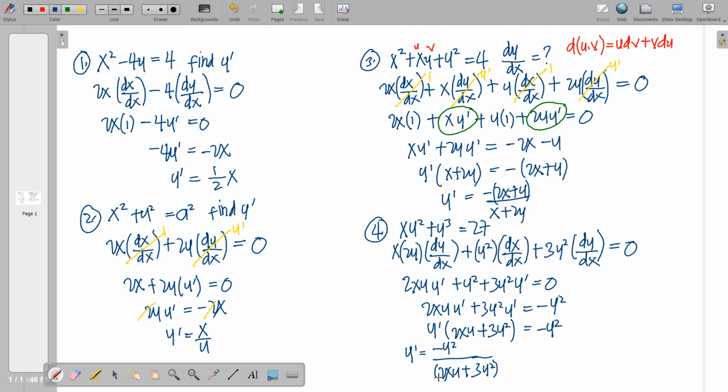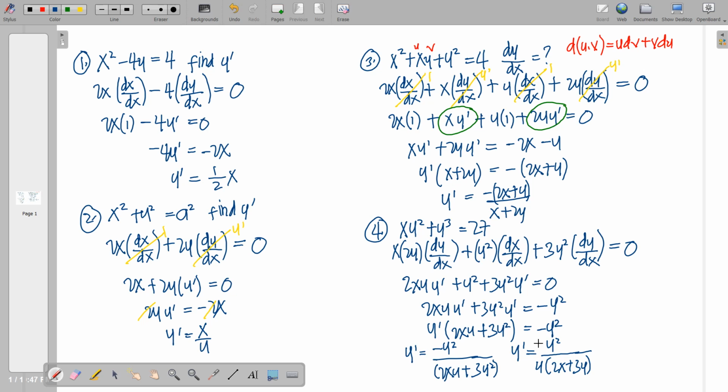But notice here that in the denominator, we can still factor y out so that we can cancel one of the y's here. So doing that, we have y squared all over, we bring out one of the y here. So we'll have an inside function of 2x plus 3y.